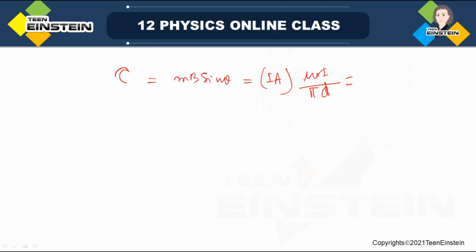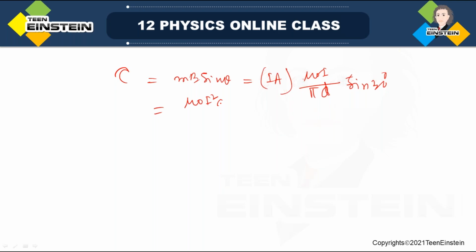Okay, so this question is done. We'll go to the next question. So here, two infinitely long straight wires lie in the xy plane, along the x axis, where the x coordinate is plus minus r.